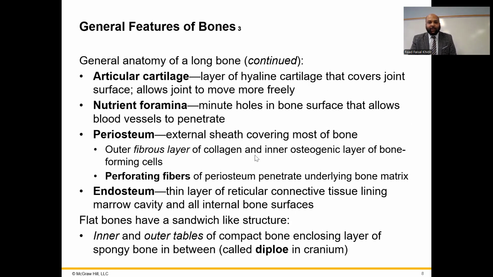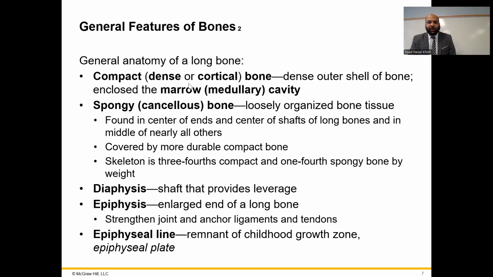Okay, so we have compact bone, and we have spongy, and spongy bone is interesting. You know, you look at the sponge that you will use to wash the plates. So it's full of pores, full of holes. So that is the spongy bone, and that is the bone that gets the osteoporosis.